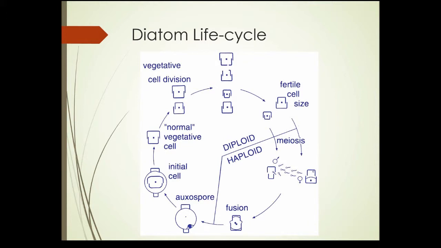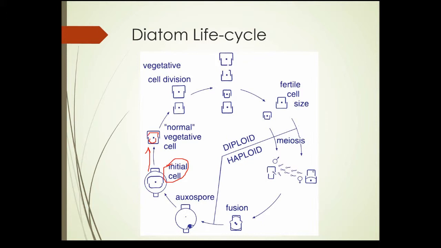Let's start here at the initial cell, okay? And you can see that gives us this normal vegetative cell up here. And we have two halves of a frustule, the smaller bottom half fitting into this larger upper half.